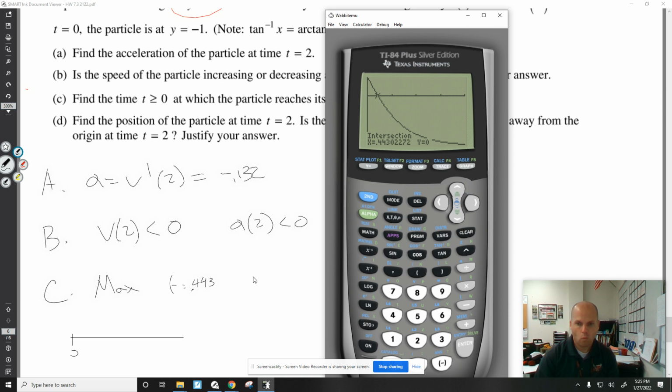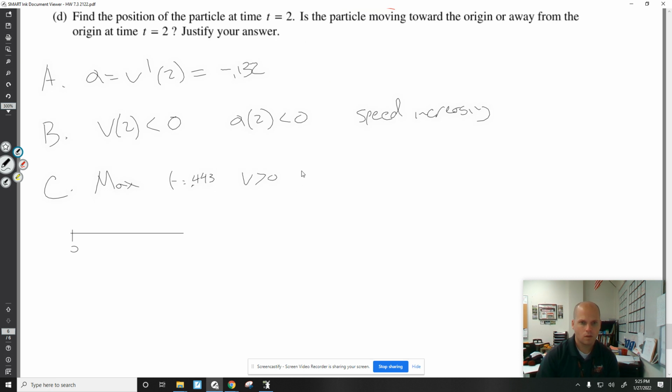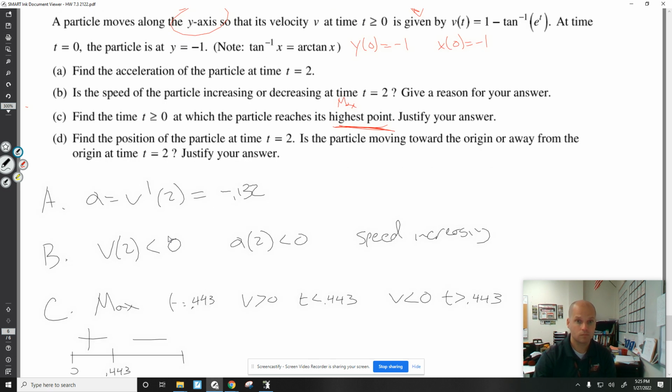Okay, and include it. Blah blah blah. Why? Because v is positive for t's less than 0.443, and v is negative for t's after 0.443. This is my only candidate because I'm moving to the right strictly, and then I'm moving to the left strictly. And I don't even have an ending. Now, what is my position?